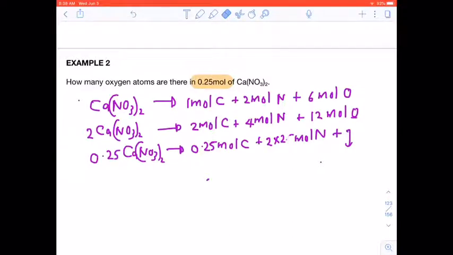So this is 0.25 times 6 moles of oxygen, right?